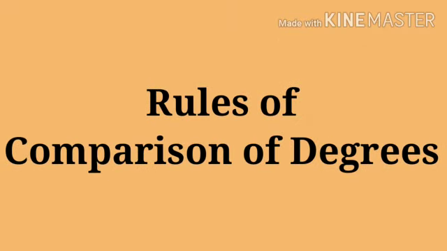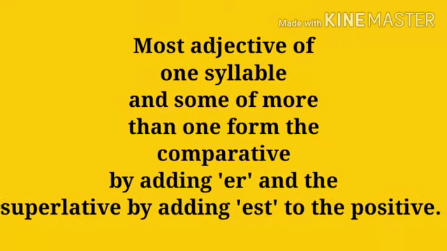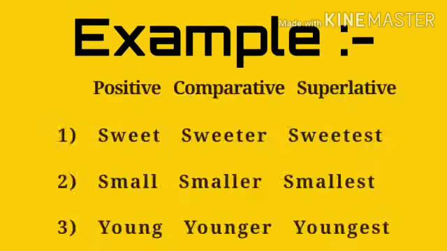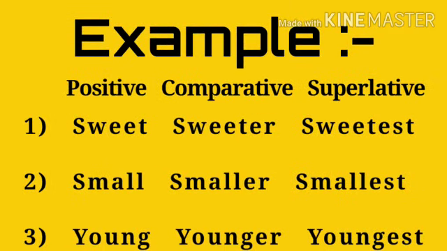Most adjectives of one syllable and some of more than one form the comparative by adding er and the superlative by adding est to the positive. To understand it, let's see some examples. Sweet, sweeter, sweetest. Small, smaller, smallest. Young, younger, youngest.